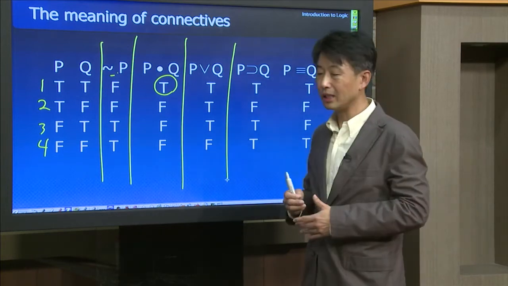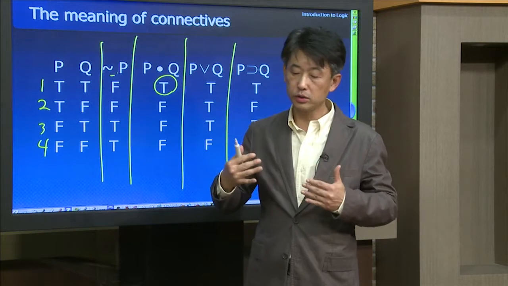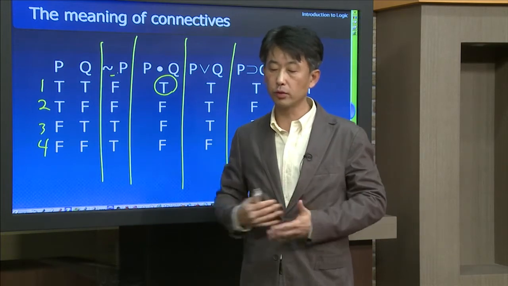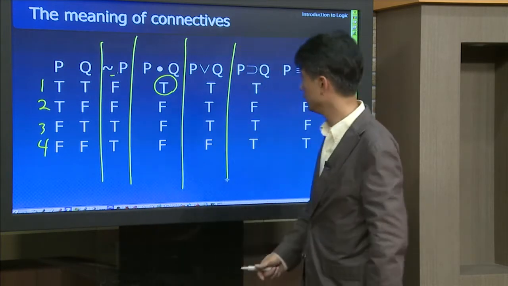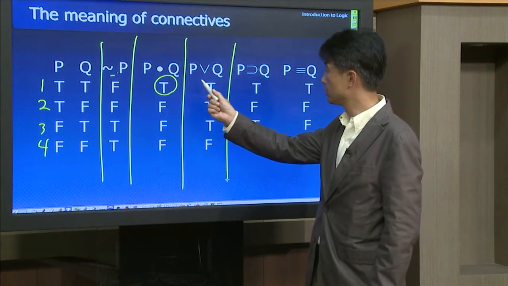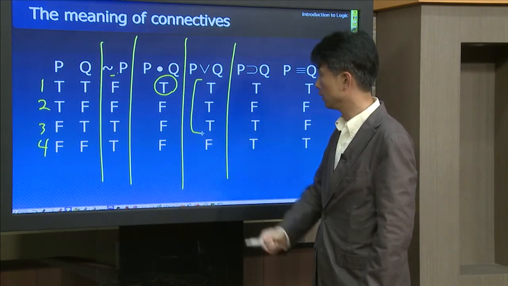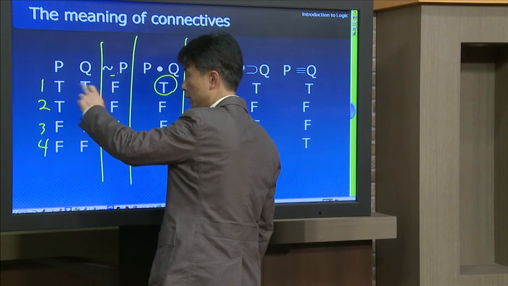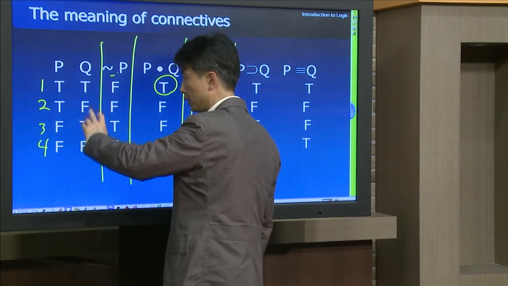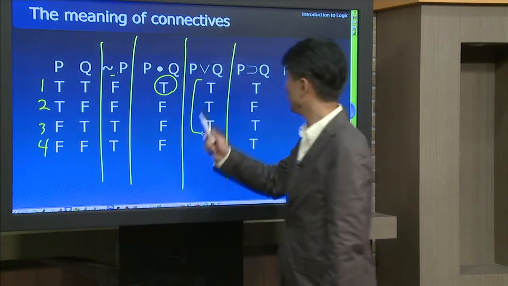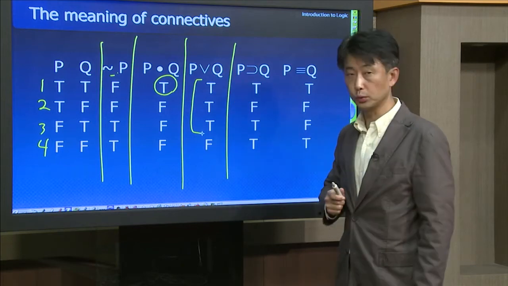So, in other words, P or Q is false only when both of them are false, otherwise true. In the first three cases, TT, TF, FT, in all these cases, P or Q is true.